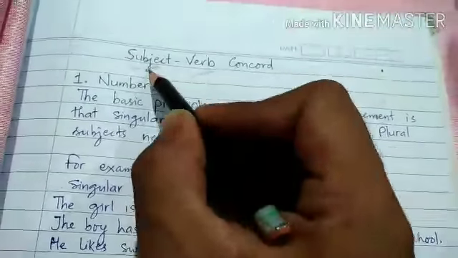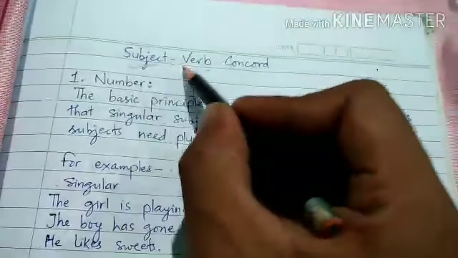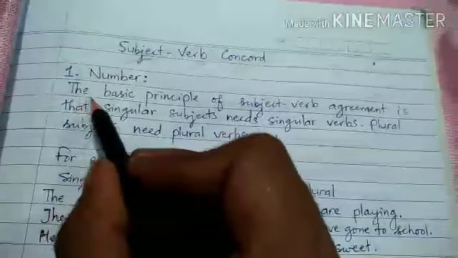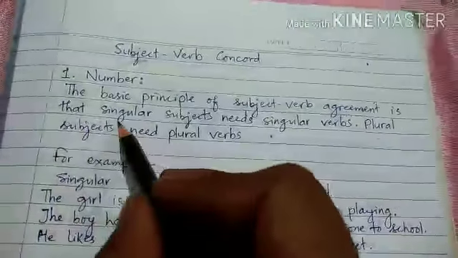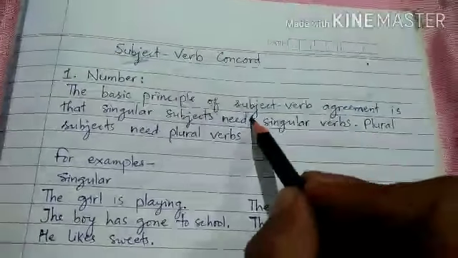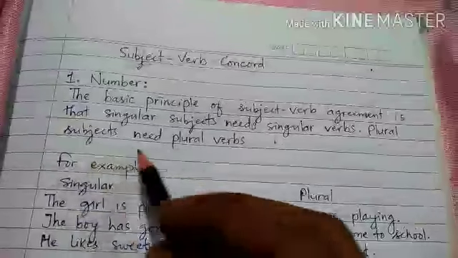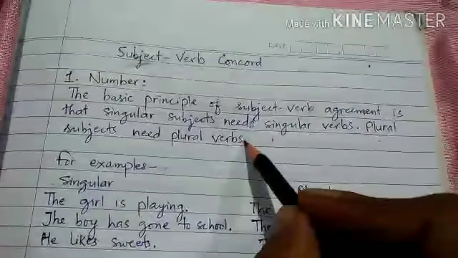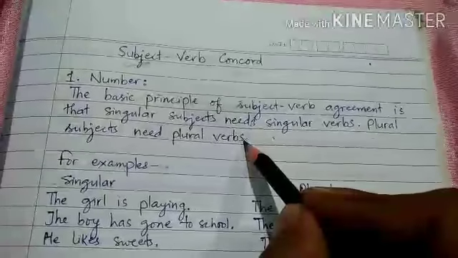Okay, so basically we understand the basic rules of subject and verb concord, like the basic principle of subject verb agreement is that singular subjects need singular verbs, plural subjects need plural verbs. So this concept I have already explained you many times in our previous classes.